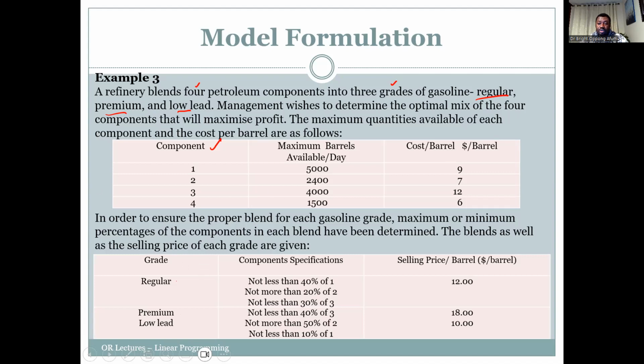All right, so we shall look at this model formulation on our whiteboard. Let me bring the whiteboard here. The first thing to do: we talk about 3 steps involved in model formulation.